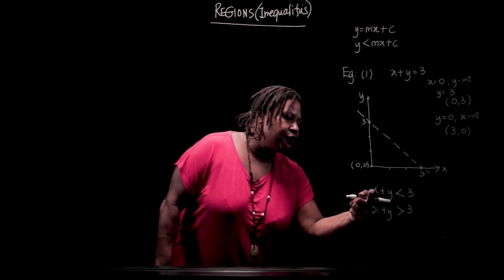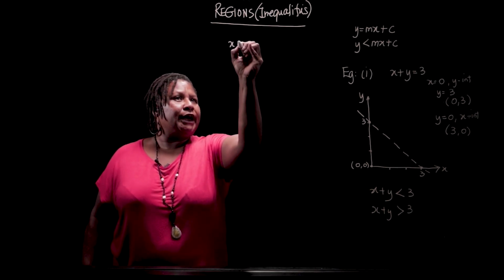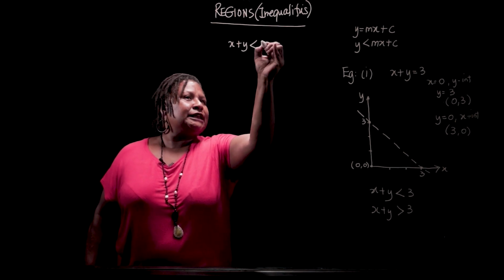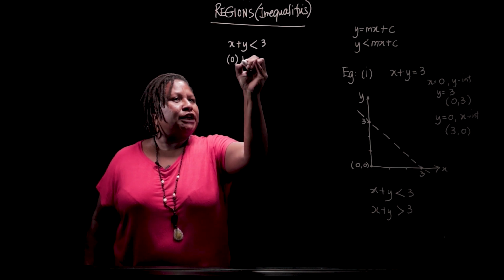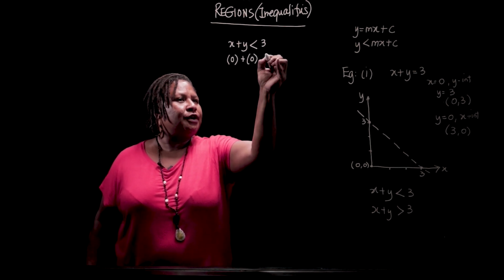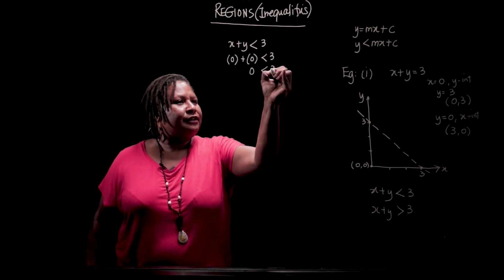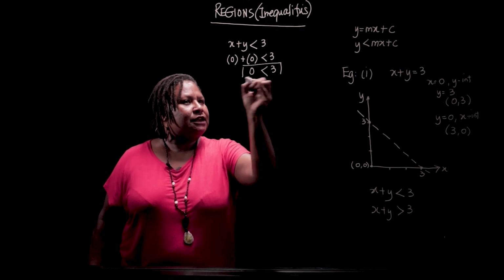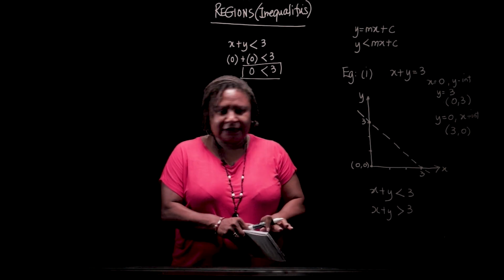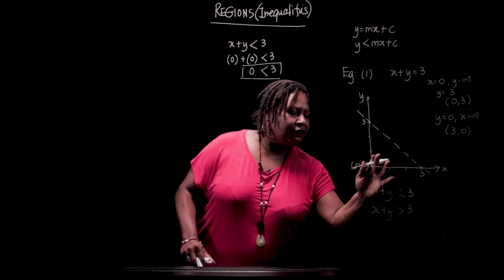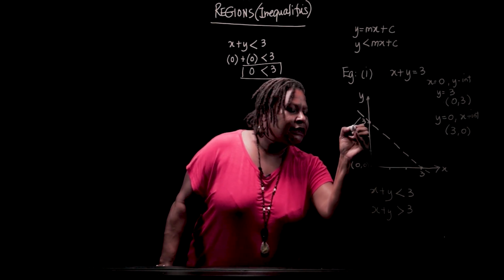If we substitute 0, 0 into x plus y less than 3, we have 0 plus 0 less than 3, so 0 less than 3. This is correct. 0 is less than 3. That means this region here is defined by x plus y less than 3.